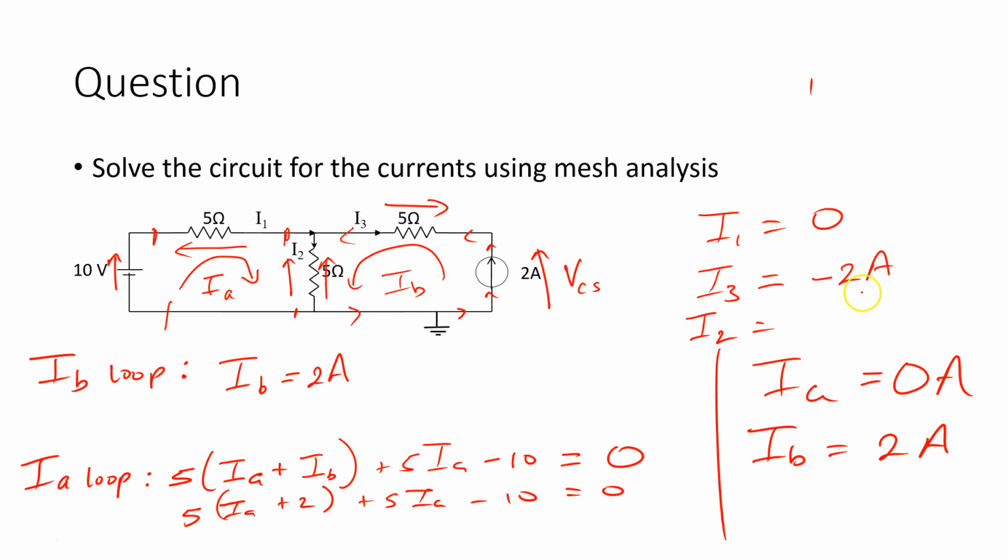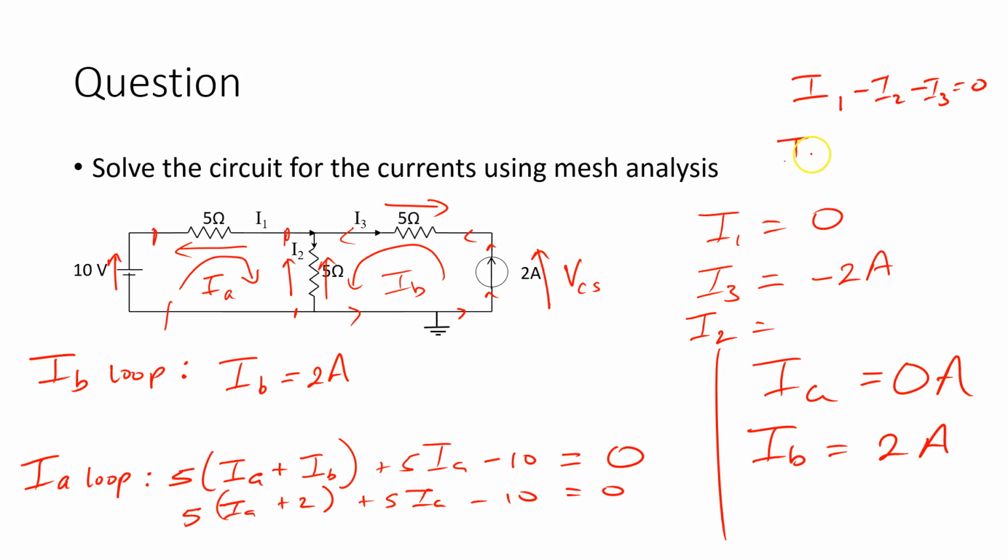And I2 is the current down here, which in this case, if we look at the nodal equation here, it will be I1 minus I2 minus I3 is equal to 0.